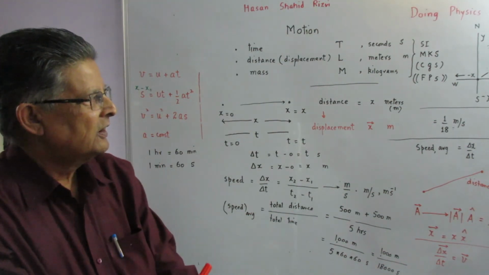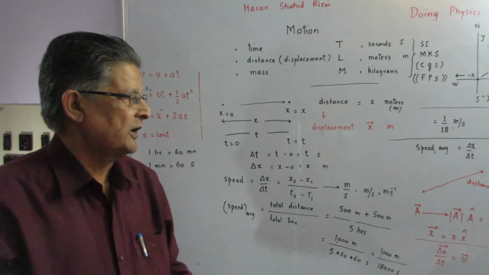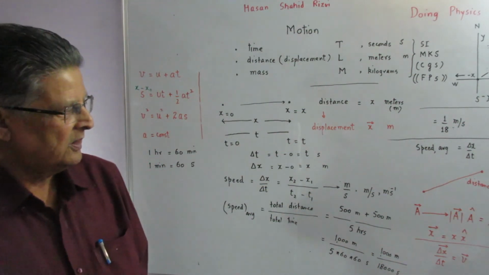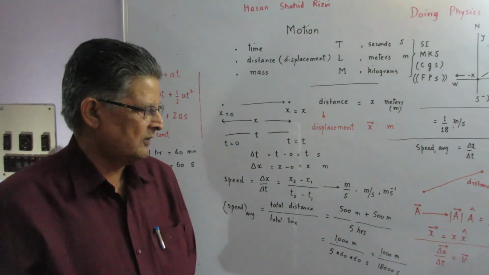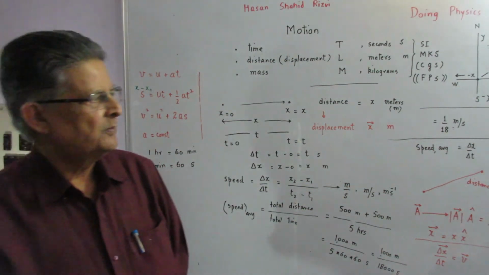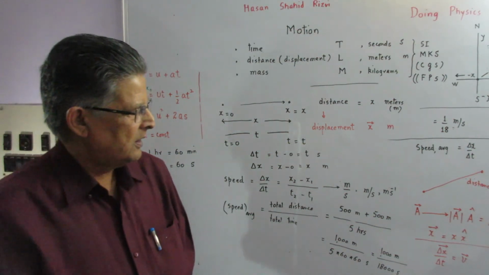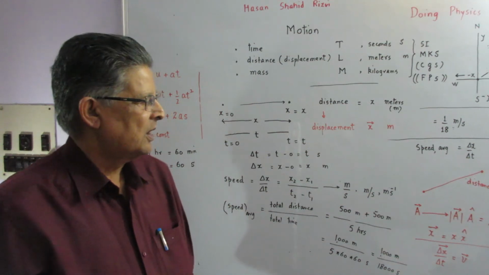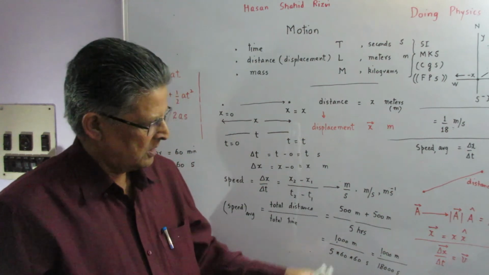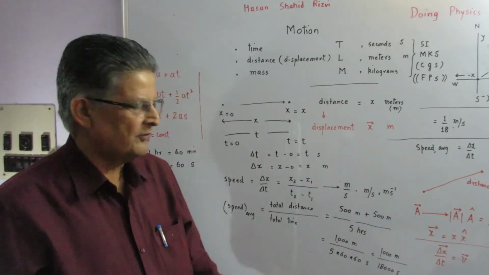I cannot teach you each and every word of the book, so I suggest you visit one of the very nice books that I recommend for all students and their parents: the NCERT book of basic physics for classes 9, 10th, 11th, 12th.